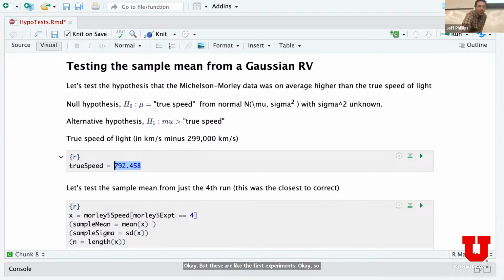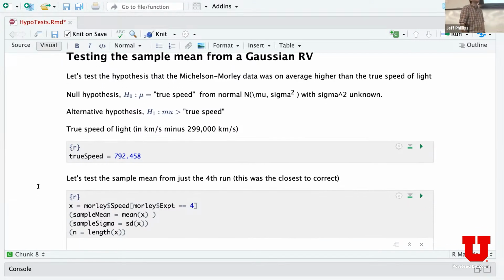So should we reject the null hypothesis or not reject the null hypothesis? Those are the two options. Rejecting the alternative is not one of the two options we have.